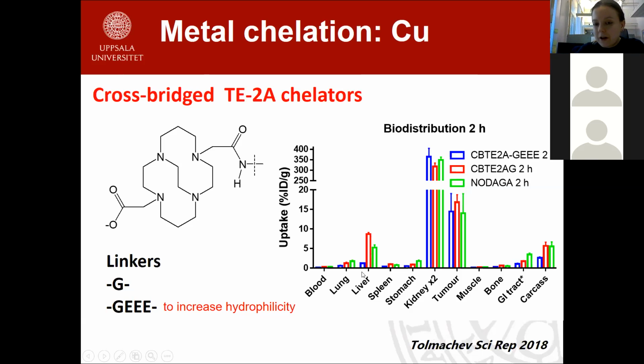And if we look at the uptake in the liver, we can see that originally it was around 5%. With the second variant, where the G chelator was used as a control, the uptake increased, which is not so good, but with our hydrophilic modification with glutamates, the uptake really was suppressed. So that was the optimal finding for this kind of molecule.